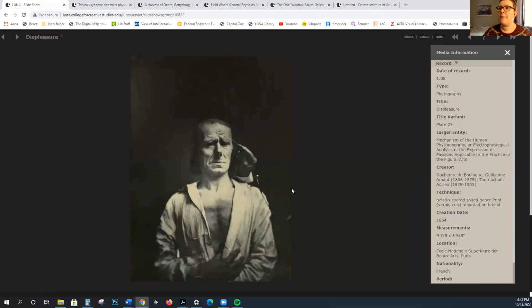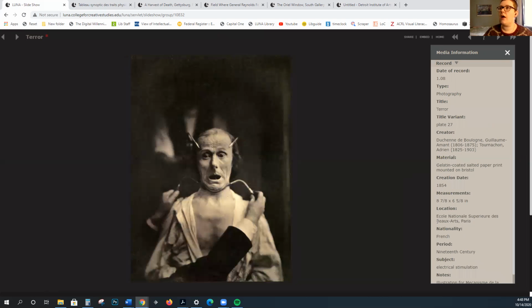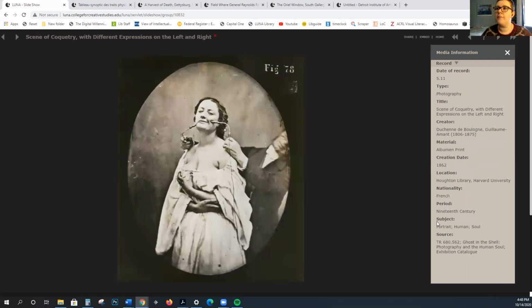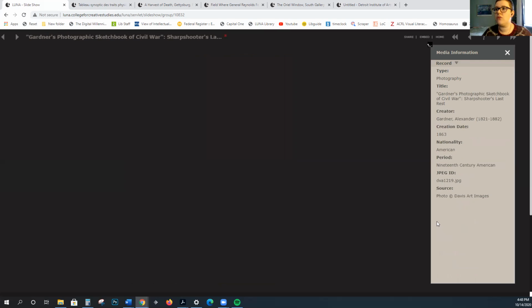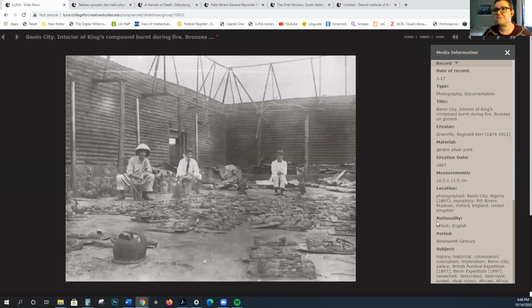Okay, so amazement, displeasure, right? And you can see that he's manipulating certain nerves, terror, etc. And so this was used to kind of help to categorize what various facial expressions looked like, etc. So again, right, it's being used for these purposes.